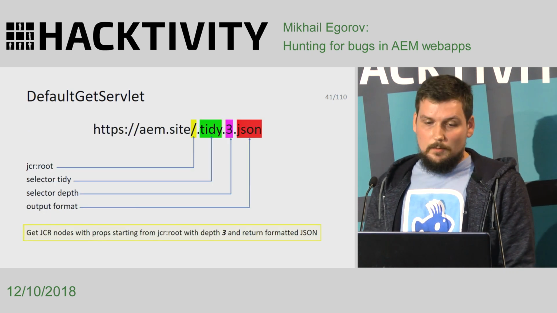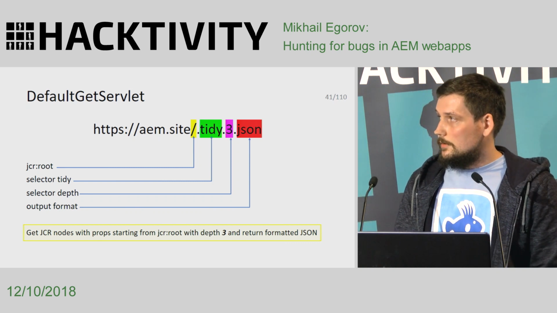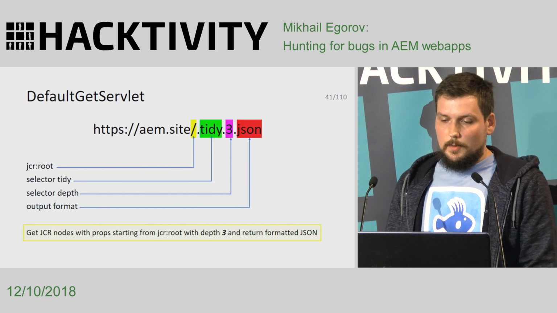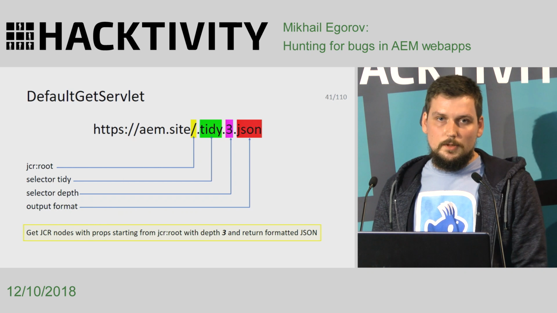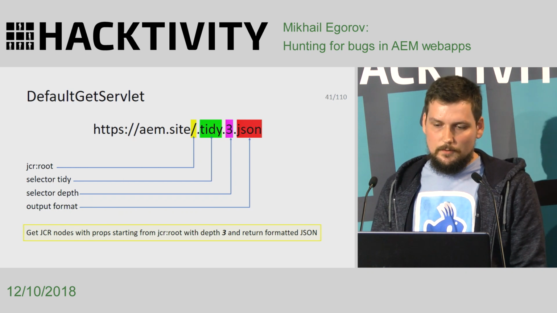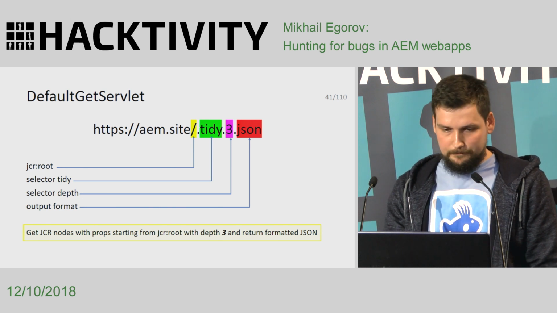For example, when we are accessing the route /.tidy.3.json, we are getting formatted JSON that contains nodes and their properties starting from the root node with depth 3.